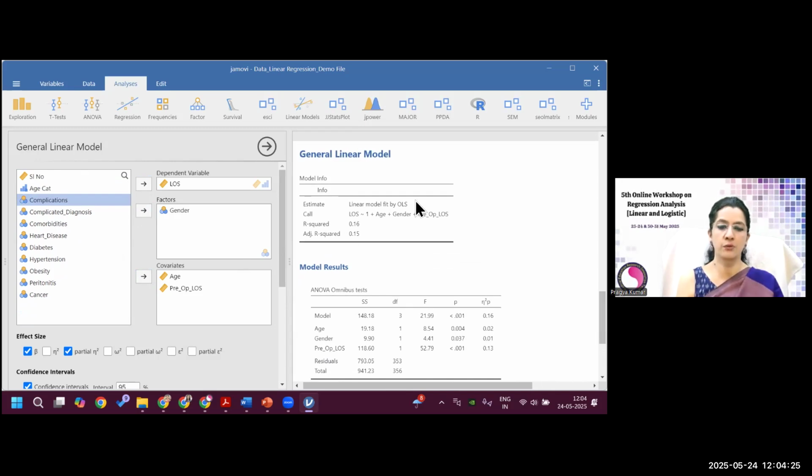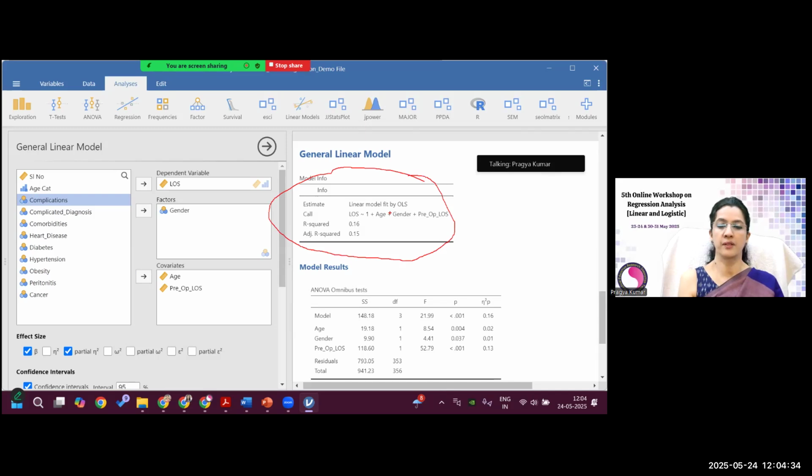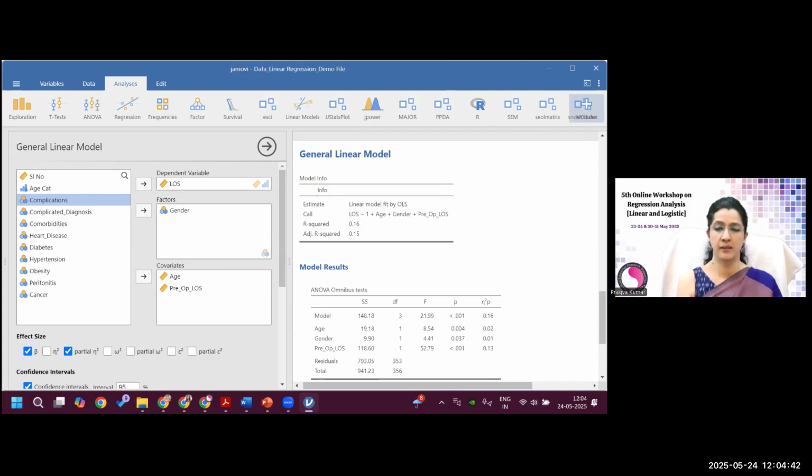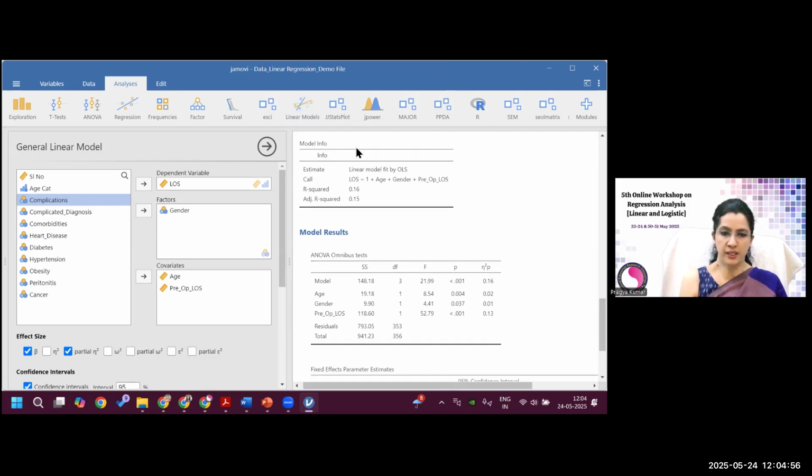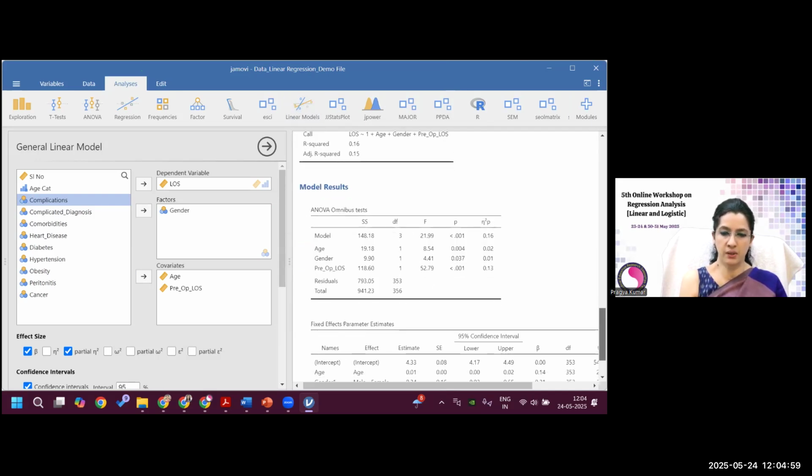Here it gives you important model summary information. The interface is a little different. It gives you linear model fit by OLS, that is ordinary least squares, which we have read. As I said, with this plus sign you have to install this linear model module. It doesn't come as a basic one. Then this shows the R square, adjusted R square.